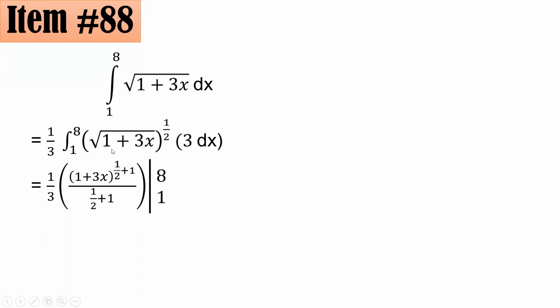The square root of 1 plus 3x is the same as 1 plus 3x raised to 1/2. Pero power rule says add 1 here. Add ko rin. So yung exponent ito ay magiging 1/2 plus 1. At dahil yan po yung exponent natin, yung denominator natin also is 1/2 plus 1. But of course, meron ka pang 1/3 dito.